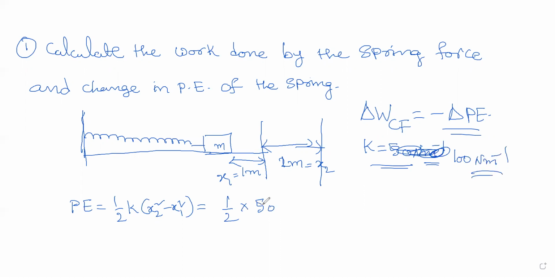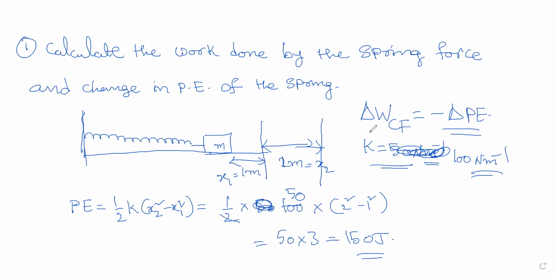So half into 100 into x2 square minus x1 square, that is 2 square minus 1 square. So here it cancels out to be 50 into 3. The 150 joules is the change in the potential energy.